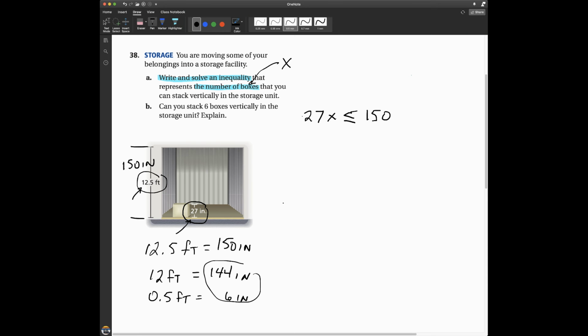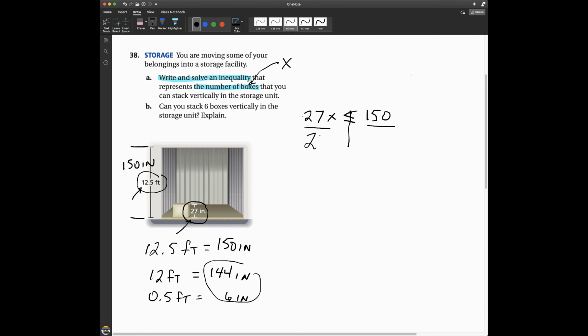It can't be greater, because then I wouldn't be able to stack the boxes in there if when I stacked them, the total height was greater than 150 inches. So this 150 inches is important. I have to make sure my stacks of boxes are less than 150 inches tall. And guess what I can do now? I can actually solve this inequality, and it will tell me how many boxes I can stack.